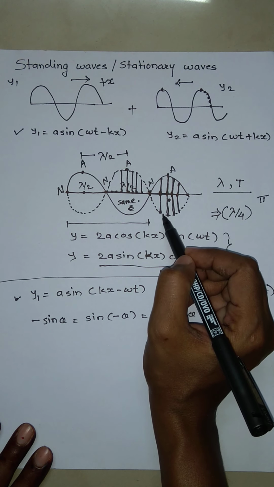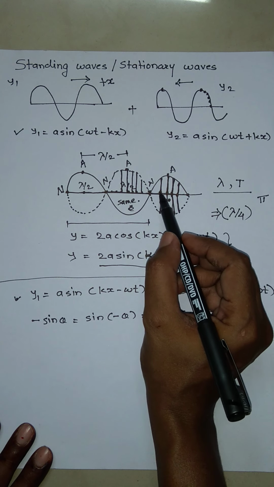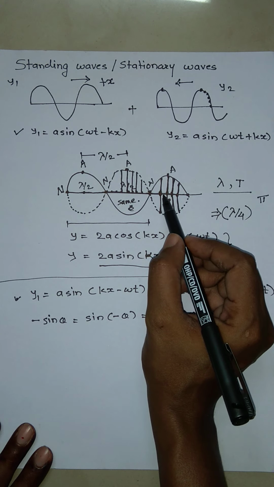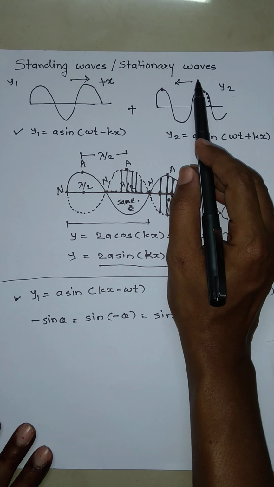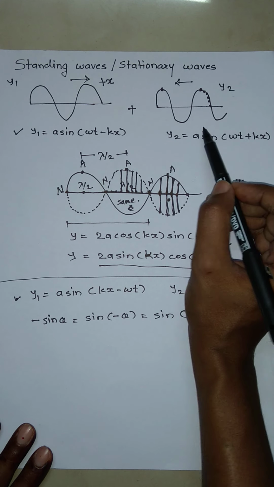So the standing waves do not propagate energy, but they are known for holding the energy. So these are the points by which a standing wave, stationary wave, is different as compared to a progressive wave.